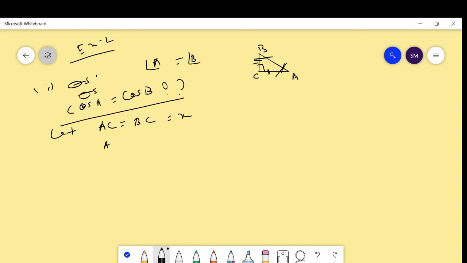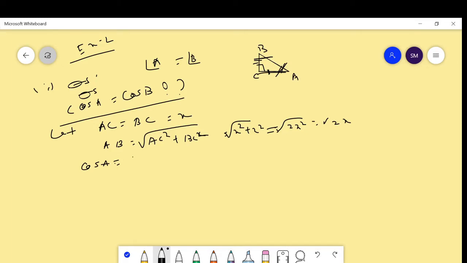By using Pythagoras, AB is equal to the square root of AC square plus BC square, which is root of x square plus x square, which is root of 2x square, which is root 2 x. Then cos theta is B by H. For cos A, this is base AC upon AB, which is x upon root 2 x. Cancel, this is 1 upon root 2.